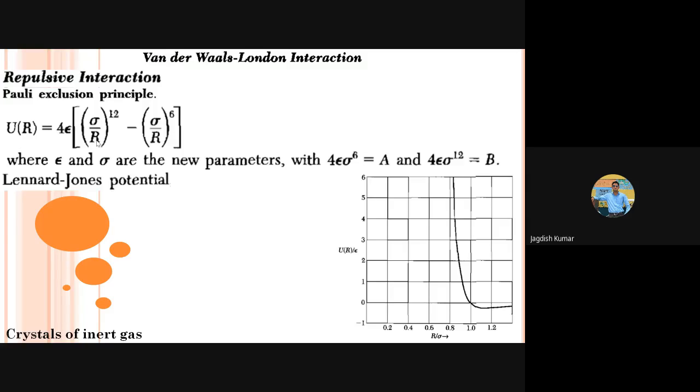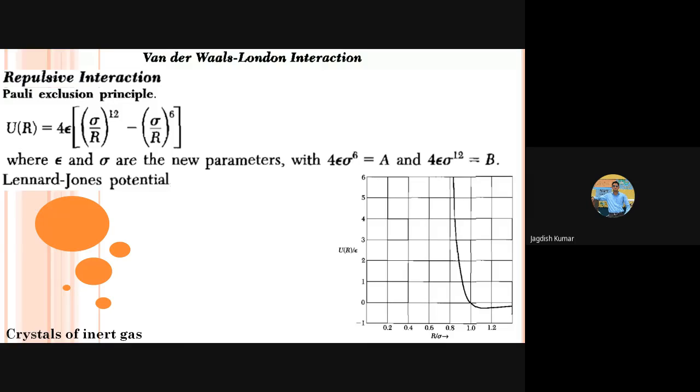I had given you one exercise yesterday: you had to obtain the value of r at which we should see the minimum of this curve. Have you done that exercise? At what value of r do we find the minimum value of the potential? R by sigma is equal to 1.12.